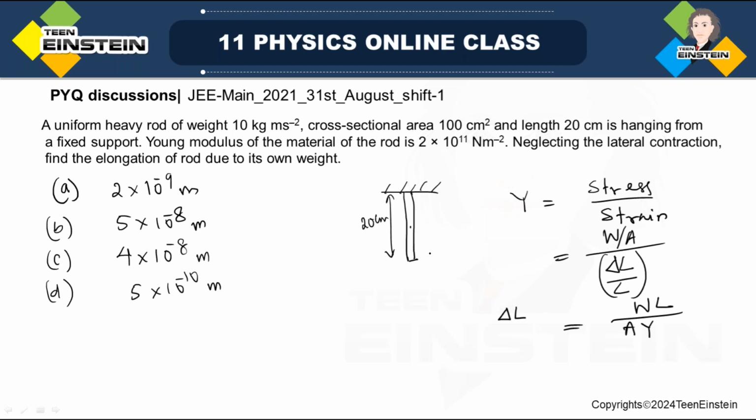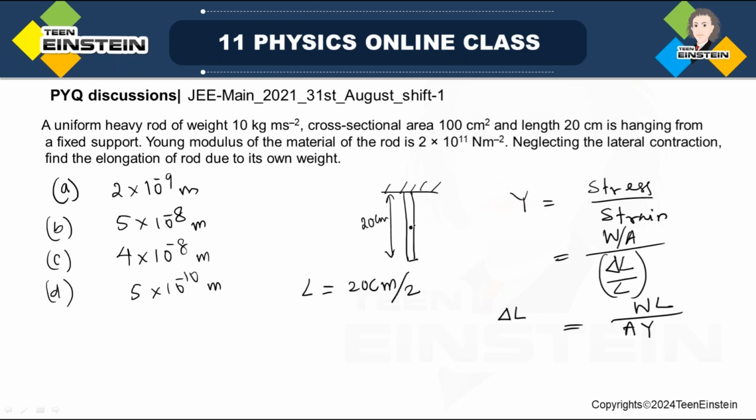But in this case, one important concept you have to remember. L should not be taken as 20 centimeter. It is 20 by 2 centimeter, because we'll be considering the center of mass.